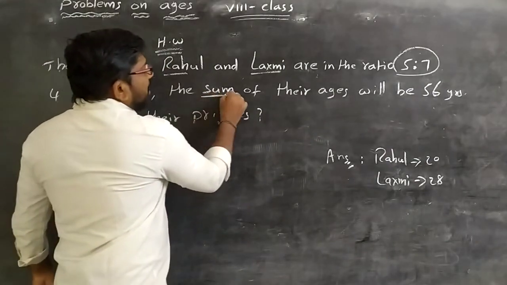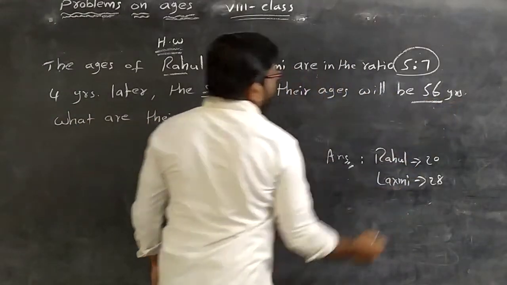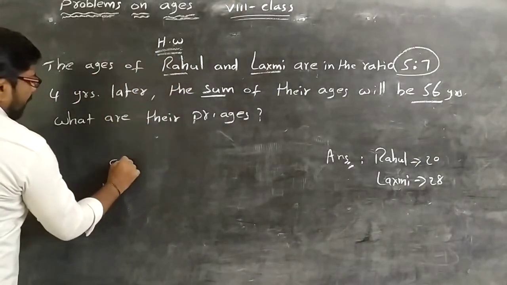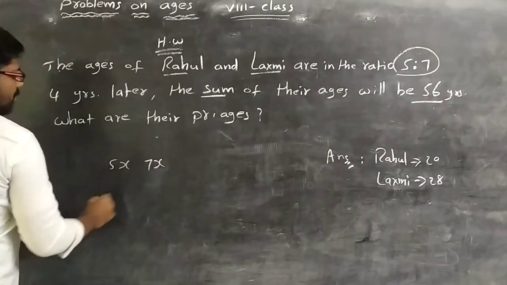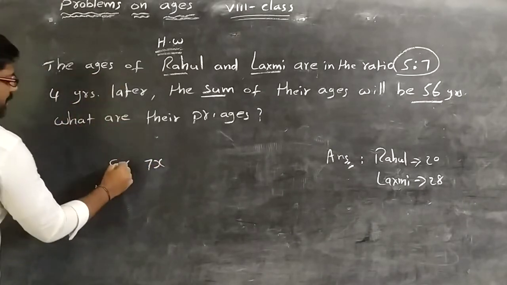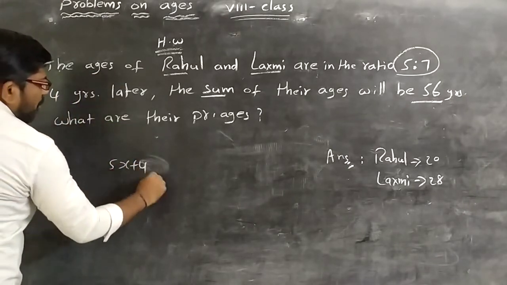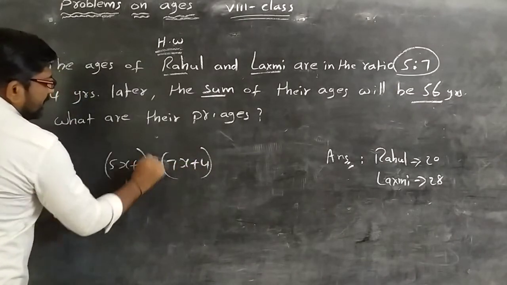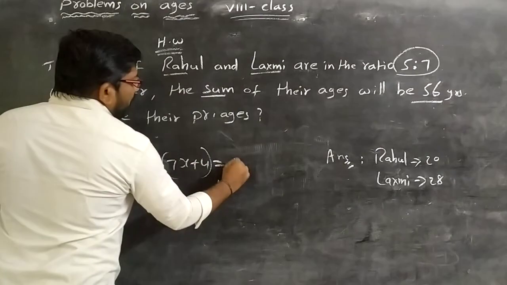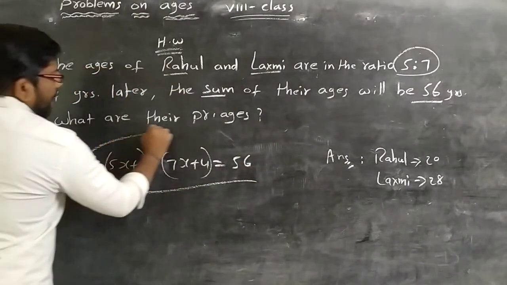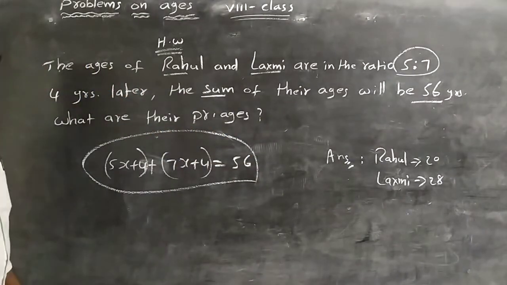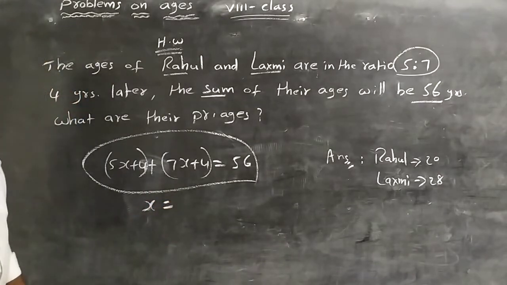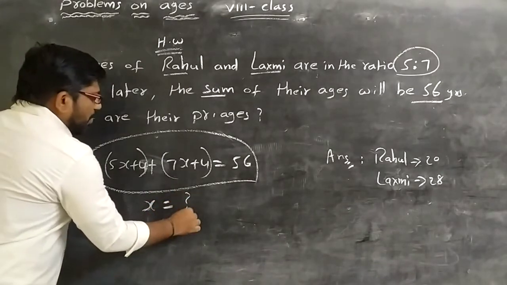Present ages are 5x and 7x; four years later they are 5x plus 4 and 7x plus 4. This sum will be 56. By simplifying this equation, we get the x value. So try yourself. This is homework for you.